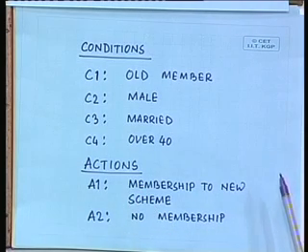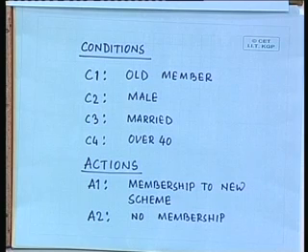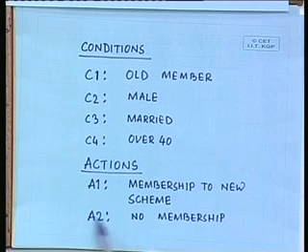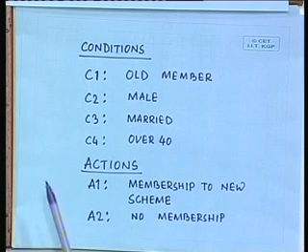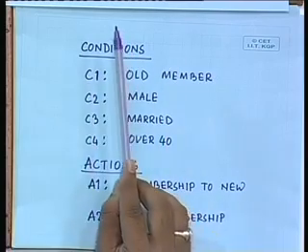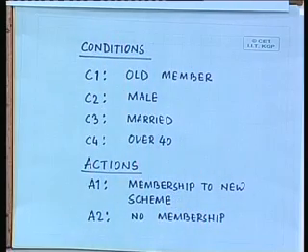But we need to specify 2 actions for this, because the other action is just the complement of one action. Basically it is not necessary, but you have to check for incompleteness or ambiguity. So one action should be enough, membership to the new scheme, but you have also kept no membership, because suppose it is said that if not, deny.